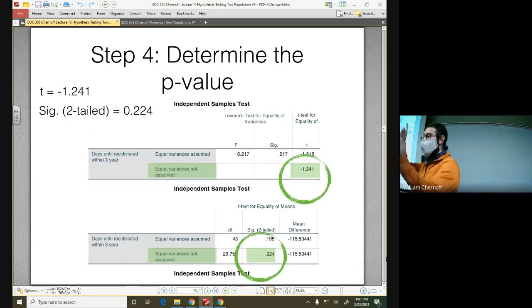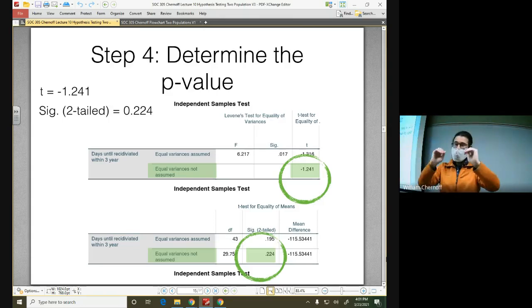Step 4, we go to SPSS. You have your data. You're going to go to Moodle, go to the Fieldwork tab, and go to the data set. That's the newest of the cleaned data sets, so that's the one you want to use. And you'll pick 2 variables.